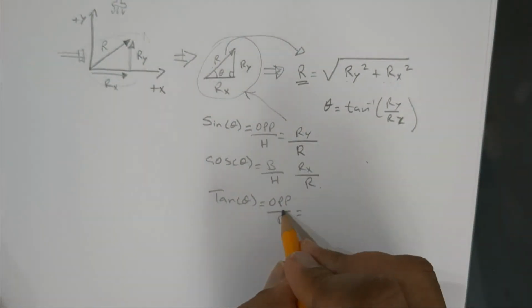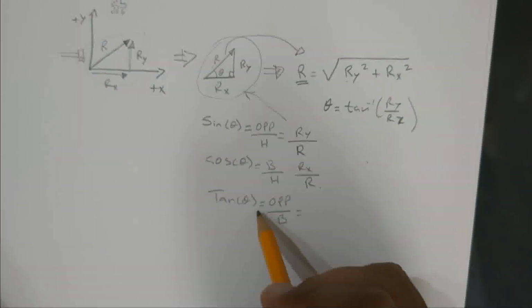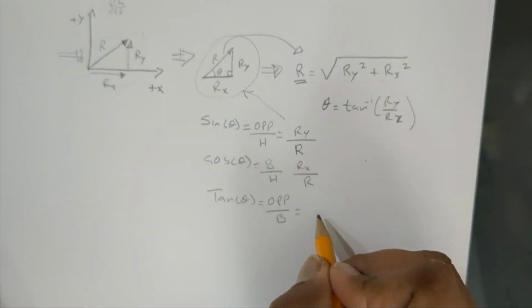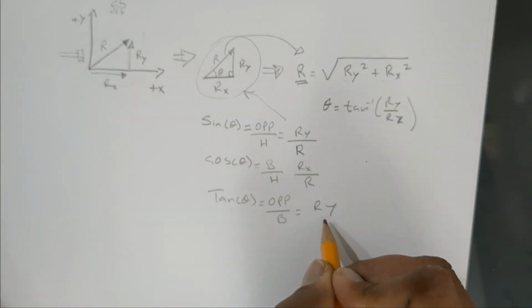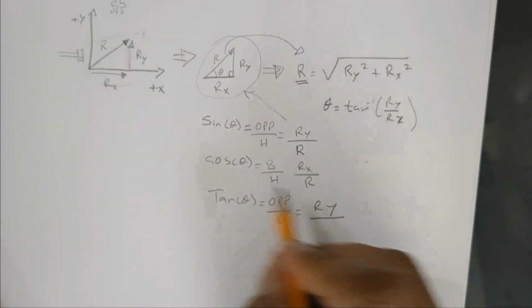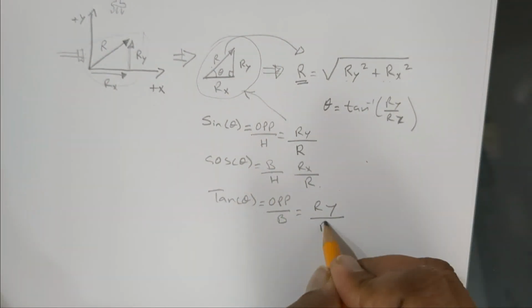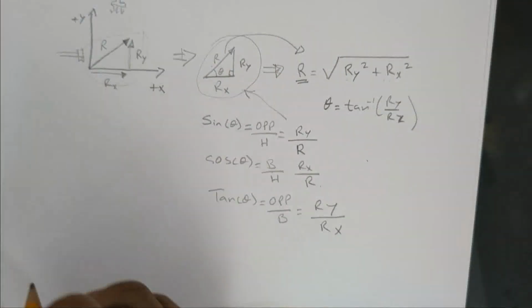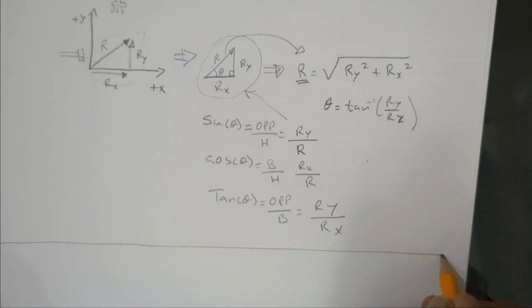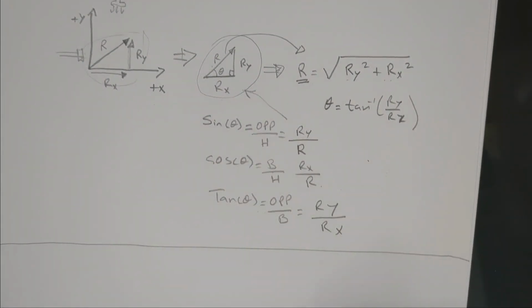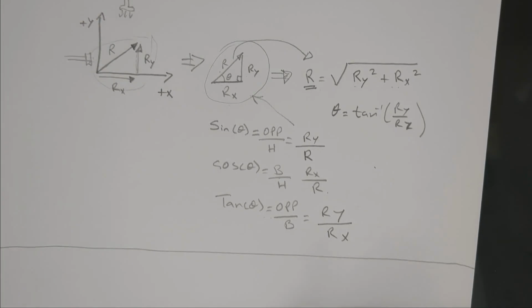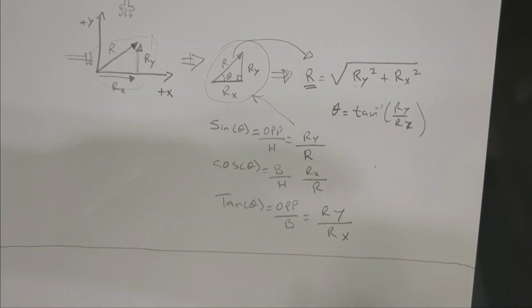And then this is very straightforward: tan theta, the opposite of theta is Ry over the base Rx. So these are the basic vector-related items that we need to know to solve the problem.